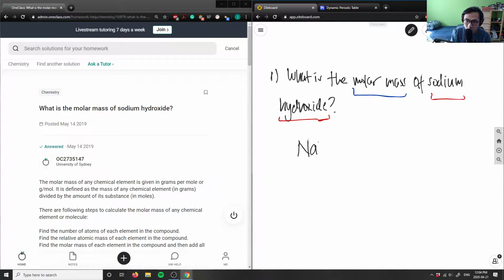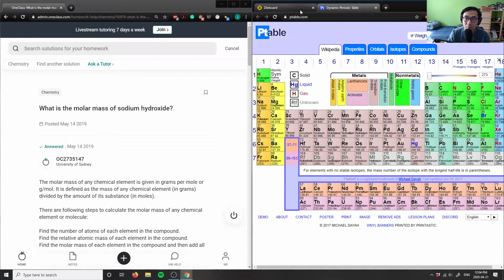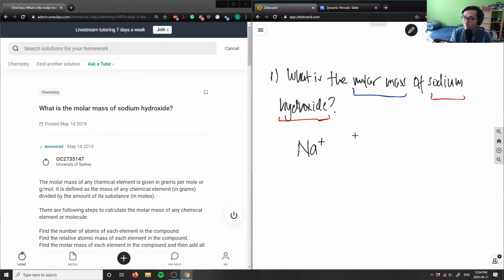I'm going to write the charges here because we need to write the chemical formula. So it's Na+, and then we have hydroxide. Hydroxide doesn't actually exist on our periodic table. Hydroxide is a polyatomic ion, one of our special ions. It is represented by oxide, which is an O, and the hydro, which is the H, and it has a charge of -1.